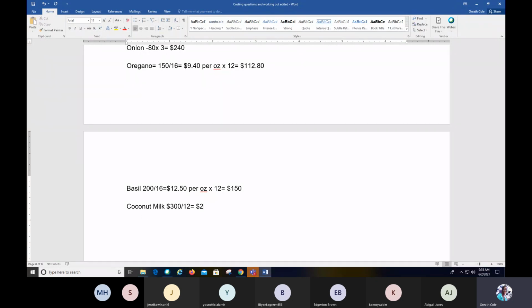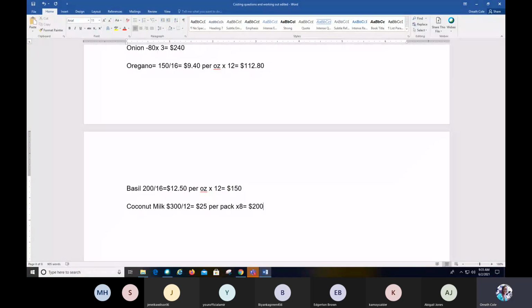Then what are we going to do with this $25? Multiply it by 8. Great. And then how much does that give us? $200.